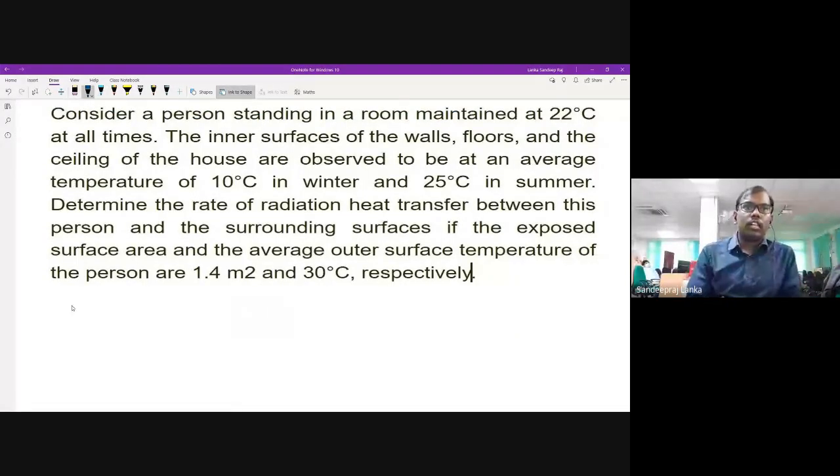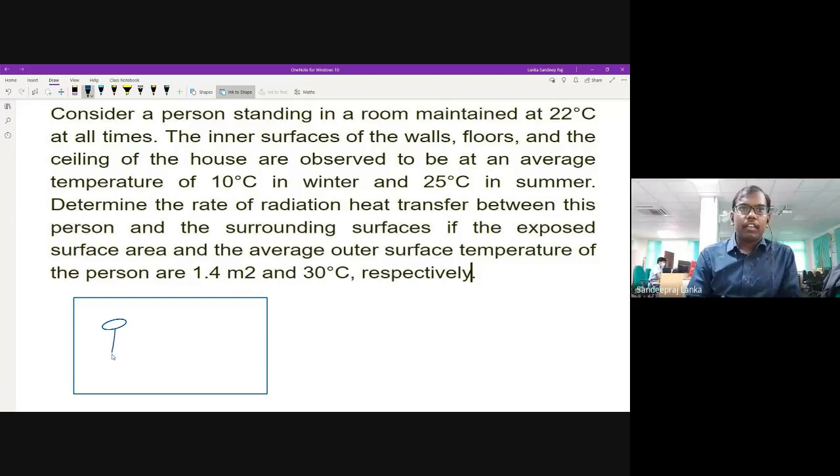Okay, let us take a room here, and in this room there is a person standing. The room temperature is 22 degrees centigrade.